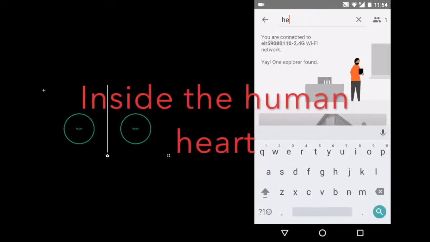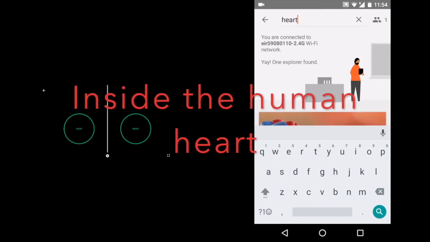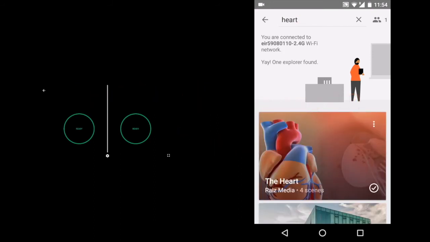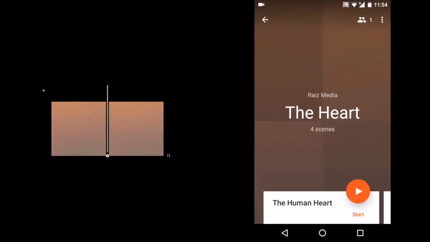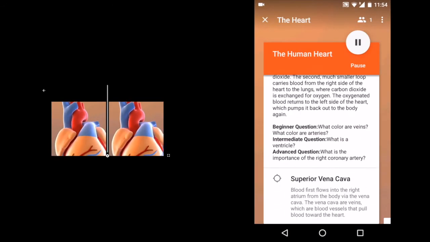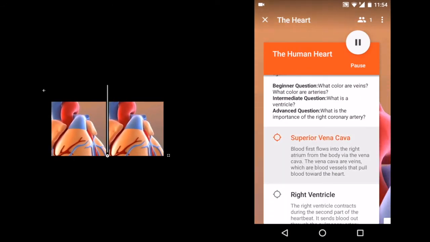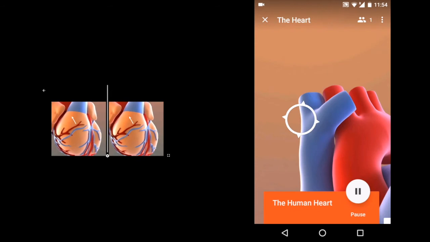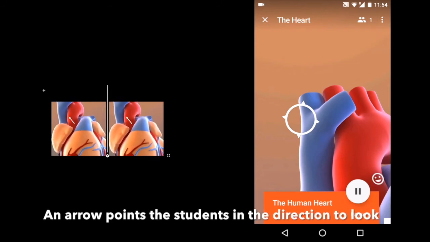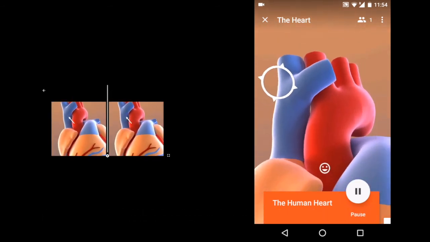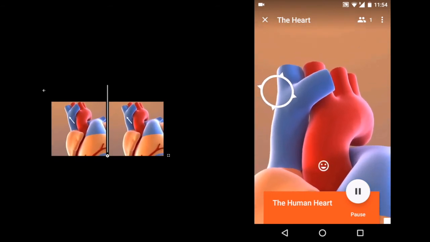We're now going to look at inside the human heart, which will be a great science expedition. If a student is looking in a different direction, an arrow will point the student in the direction to look.